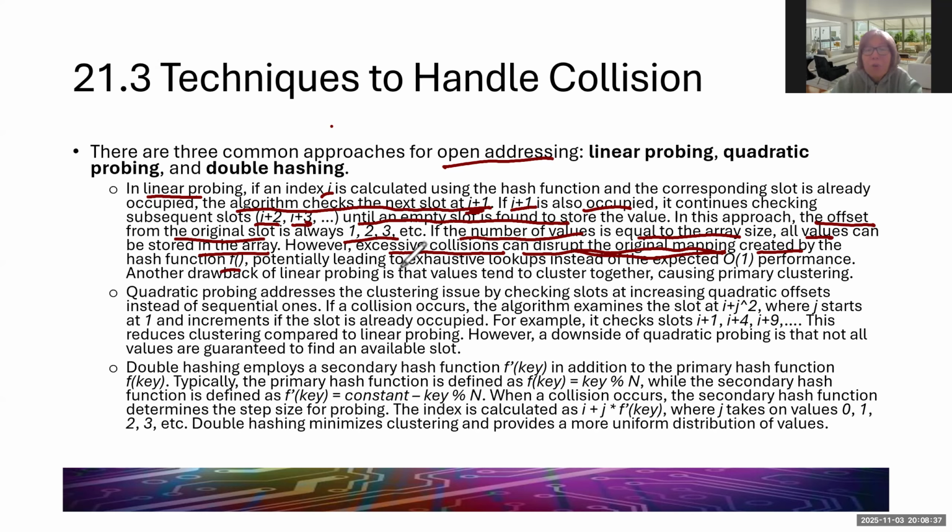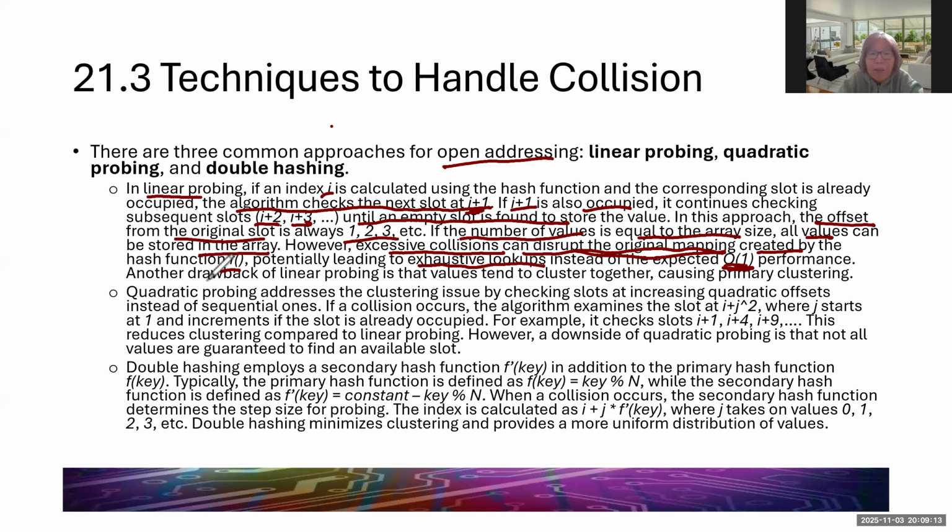This leads to the issue we call exhaustive lookup. It destroys the benefits of hashing for the lookup in the hash table, because when you search, the hashing no longer helps; you need to do plus 1, plus 2, plus 3, going back to a linear search.